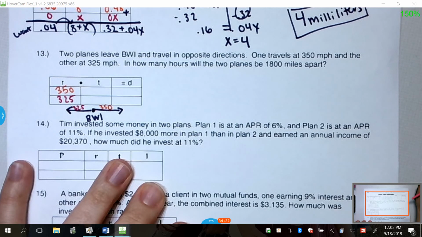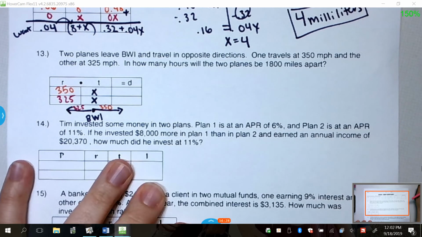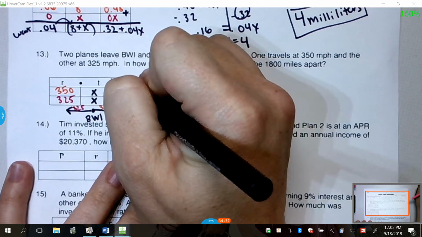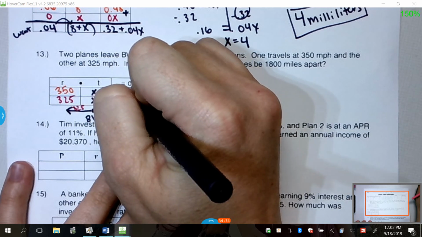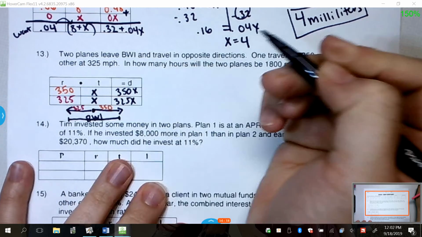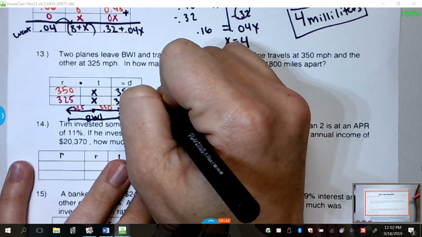And how many hours will the two planes be 1,800 miles apart? Well, if they left at the same time, traveling in opposite directions, they're traveling the same amount of time. So this is 350x, 325x, and I want their total distance to be 1,800 miles. So this needs to add up to 1,800.